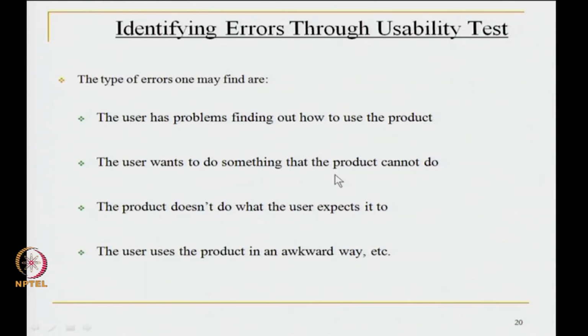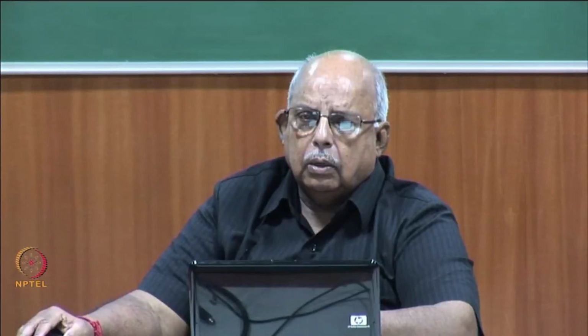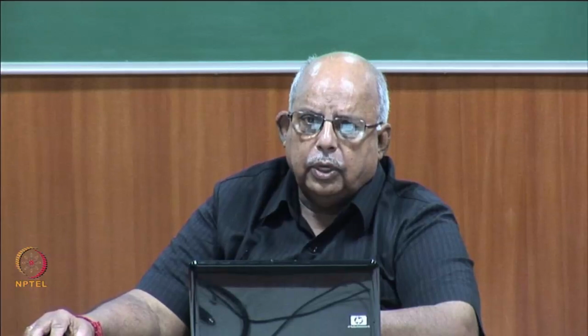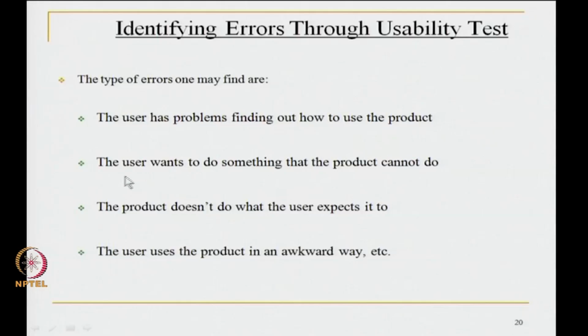I was talking just now of a situation where the product can do something and the user is delinked from the command giving key, touch, interface with the machine. Now, here you have a situation being highlighted: the user wants to do something that the product cannot do.